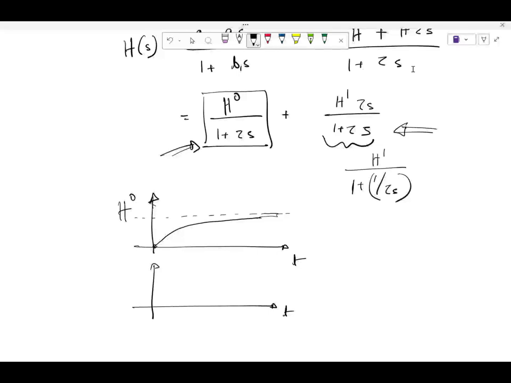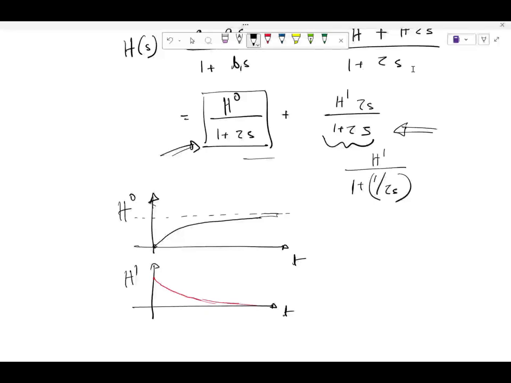Sure, it will be only decay, something like this. But where will it start from? H1, right? So it will start from H1 and it will decay with the same time constant, tau, right?